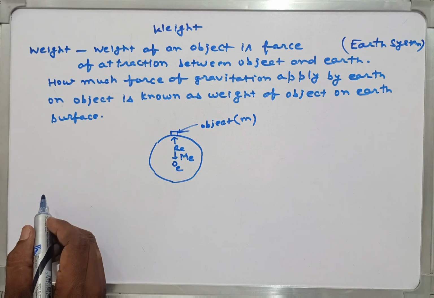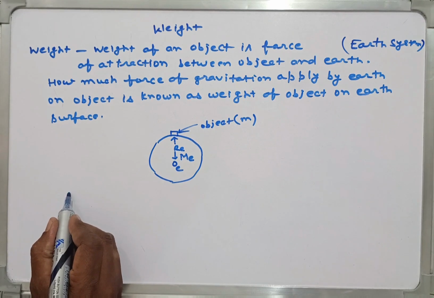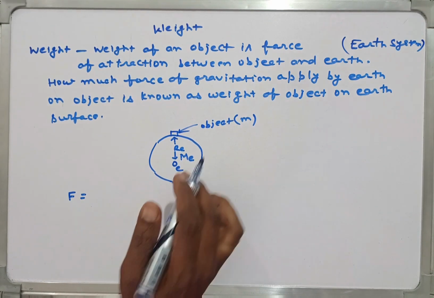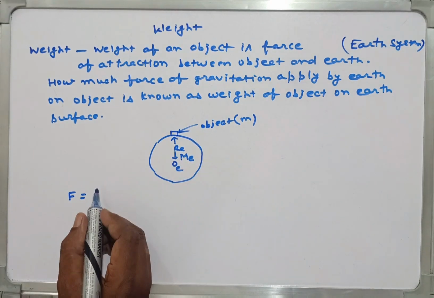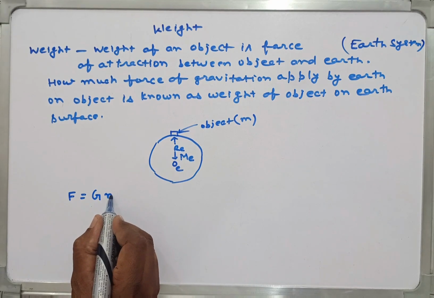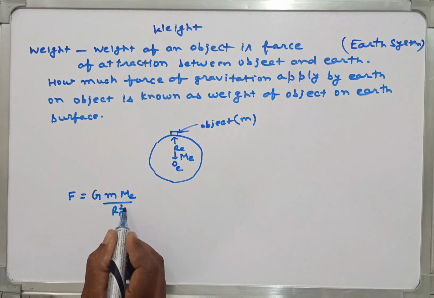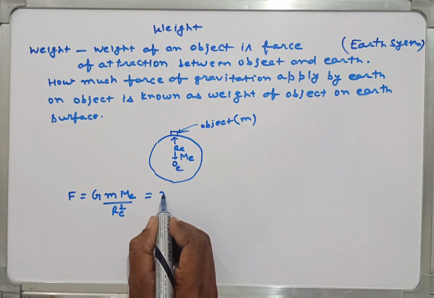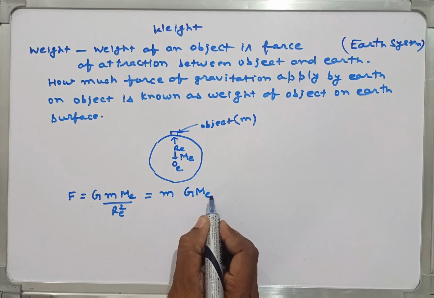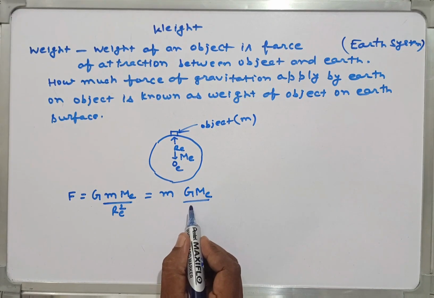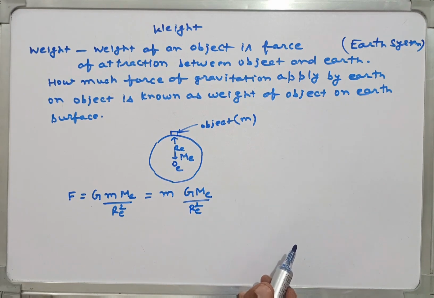Then, as you can see in our earlier lecture, the force of attraction between this object and earth of mass me equals G m me by re square. So we can write here m. G is the gravitational constant. We have already discussed it in our last lecture on gravitation.